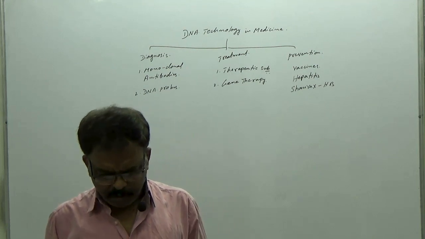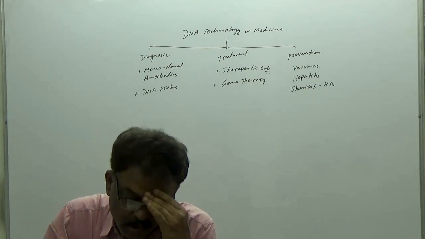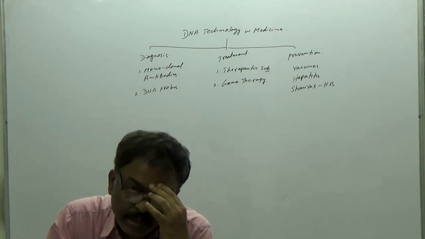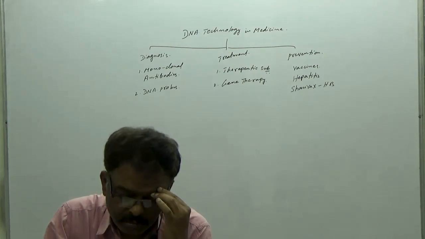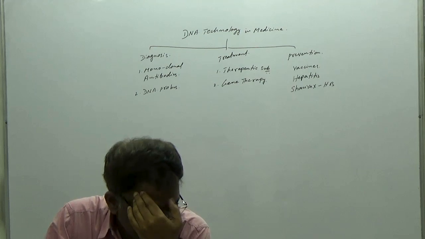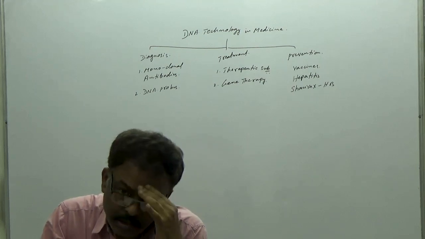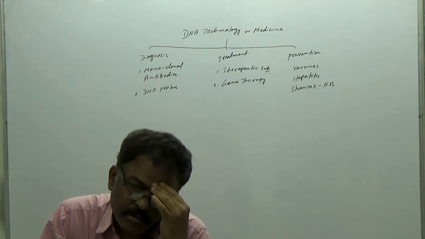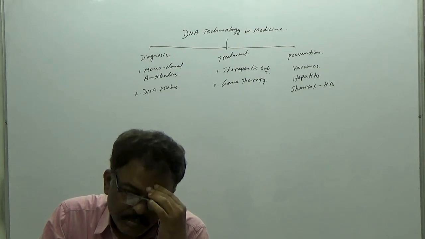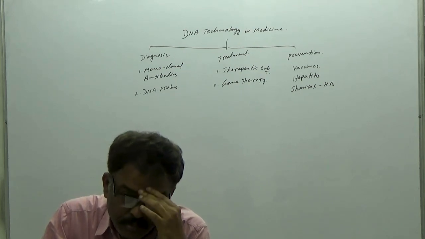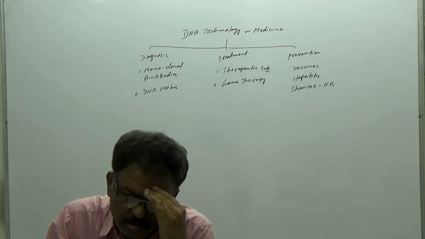Maybe NCERT is the richest source of information. Everything you will get. If you read the old NCERT, abundant information is available. NCERT books are excellent, no doubt at all.